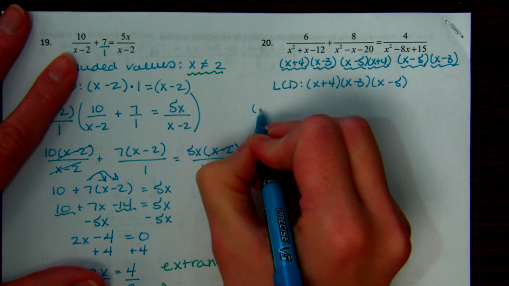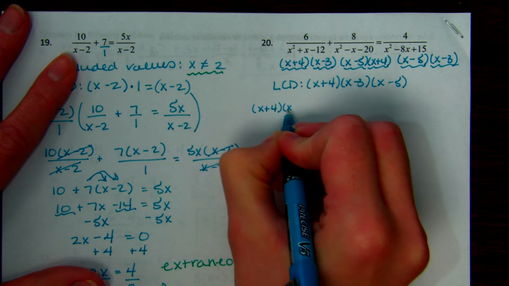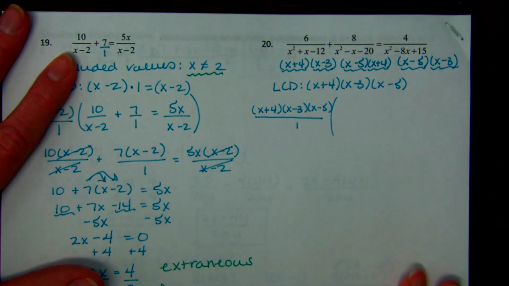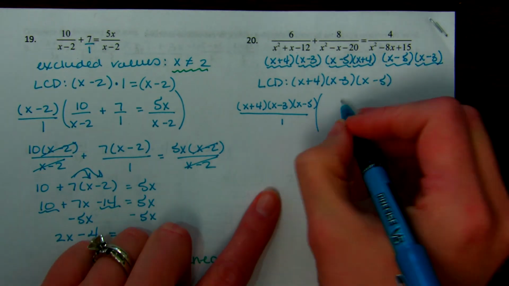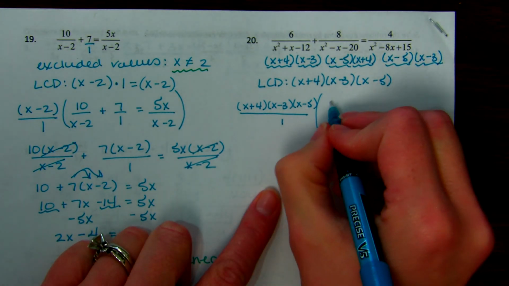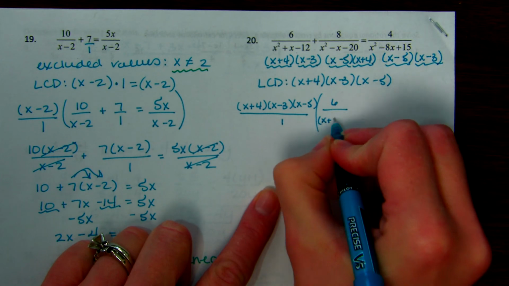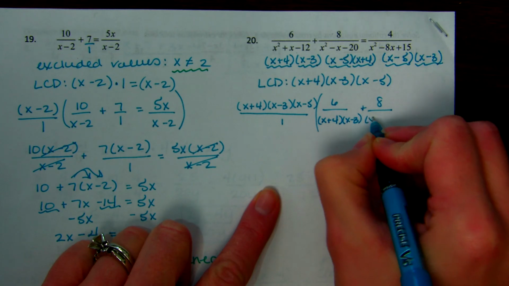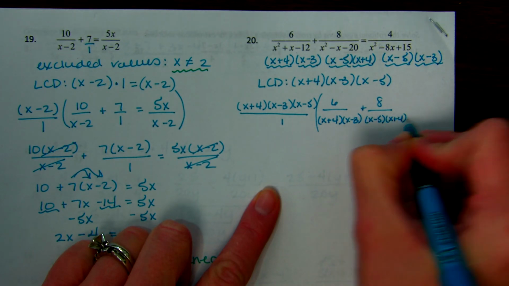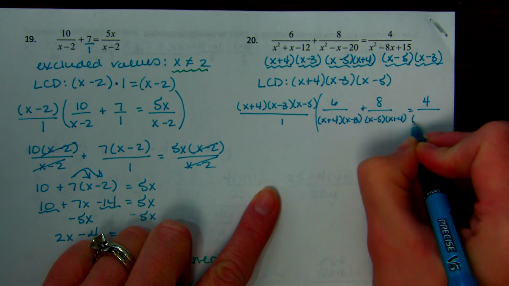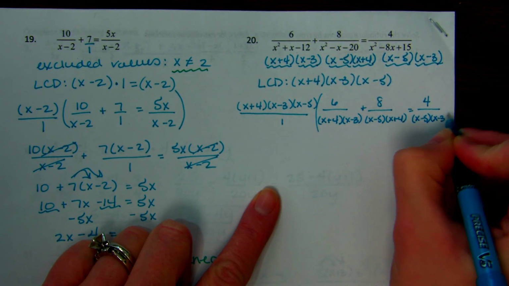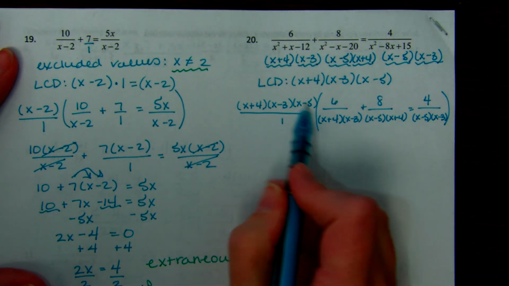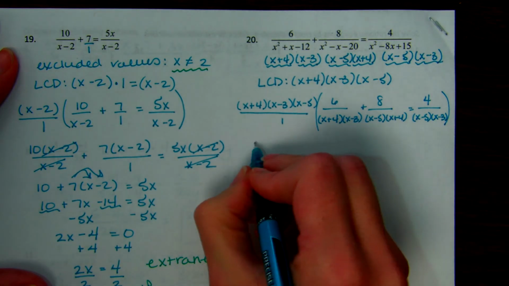Don't freak out. All right, I'm going to multiply the entire thing by my common denominator. Let's see if I can make this a challenge, see if I have enough space. So this is 6 over x plus 4 and x minus 3 plus 8 over x minus 5 and x plus 4 is equal to 4 over x minus 5 and x minus 3. There we go. All right, and then this piece right here is going to go into each of these numerators.